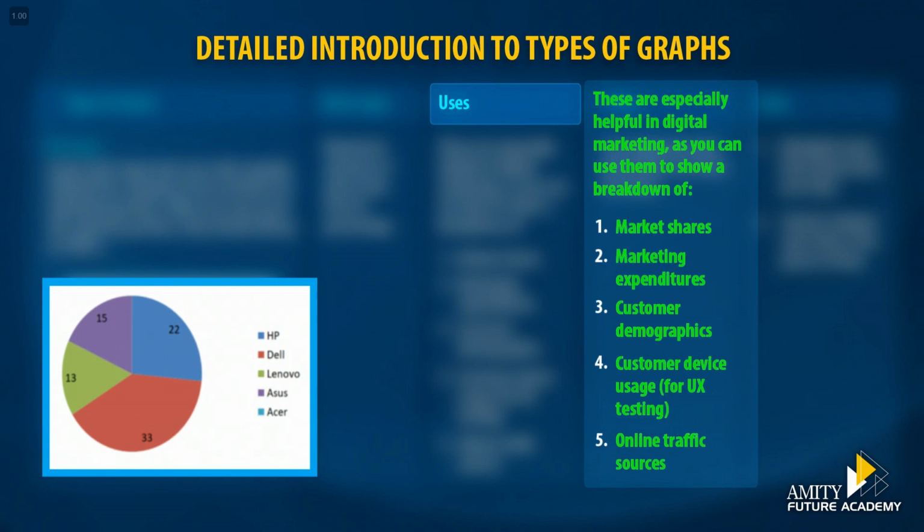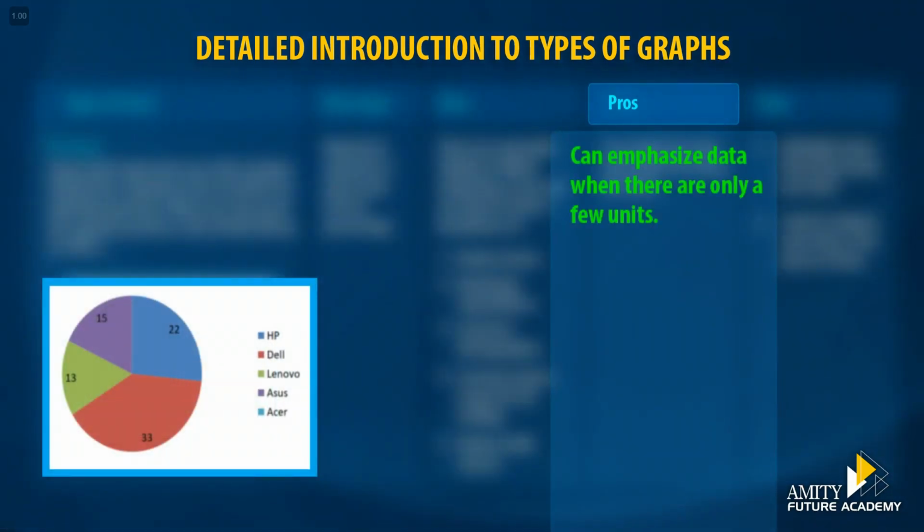This is the best example when we talk about a pie diagram. Say I want to understand in the evening time which is the most visited website or which social media site people prefer. So say 22% is Facebook, 33% is Instagram, and so on and so forth. It is easy for me to understand when I show it in percentage form in a pie diagram. It can emphasize data when there are only a few units.